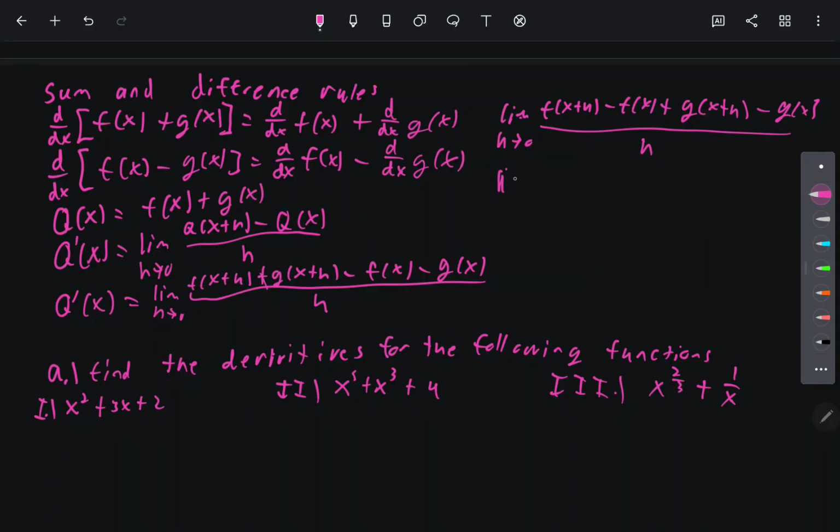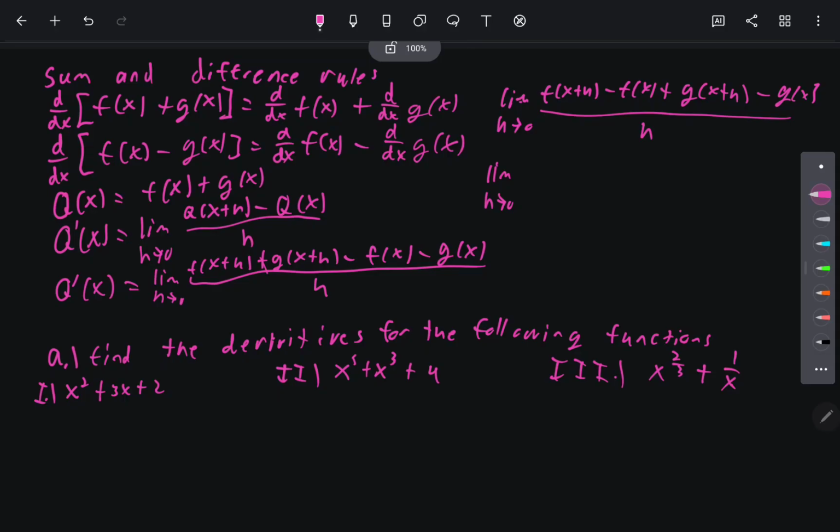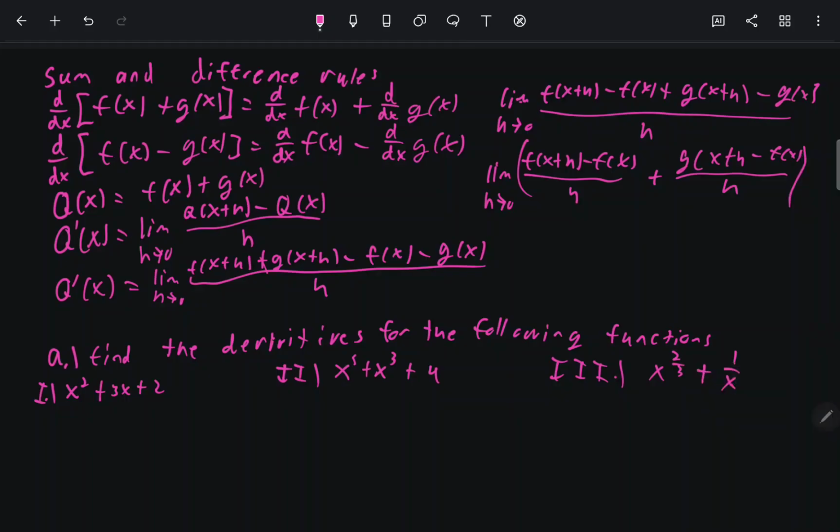So we're now going to call this the limit as h approaches 0 of f of x plus h minus f of x all over h, plus, and I'm going to put this all in parentheses, g of x plus h minus g of x all over h. And I'm going to close that for right now. Okay. Now what can we do?